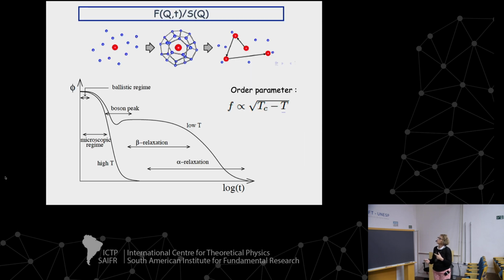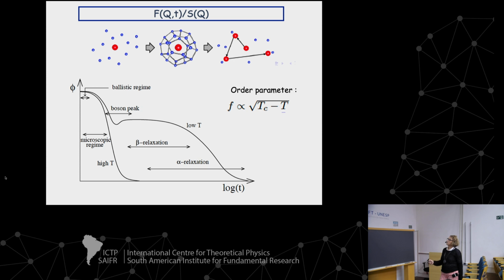So let's look again at the F self of Q,t. The particle starts ballistic, then is trapped. When the cage relaxes, the particle is Brownian.